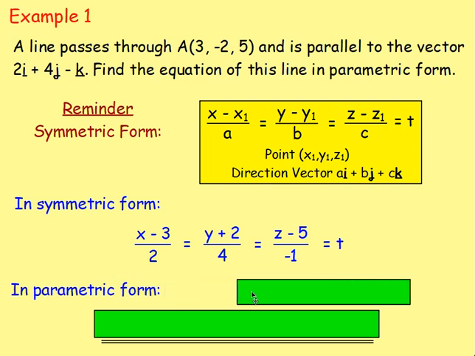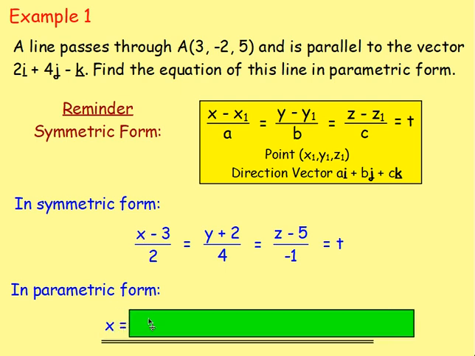If we're asked to express it in parametric form, which we are, then all we have to do is rearrange this, so we get x equals, y equals, and z equals, and we want them all in terms of t. So, for x, what would x be equal to? Olivia? Perfect. Well, we know that x take away 3 over 2 is equal to t.